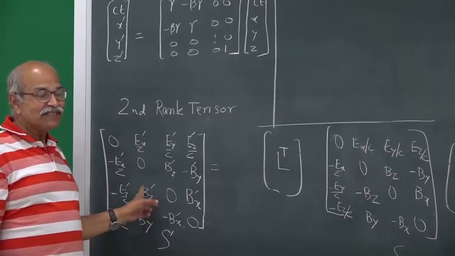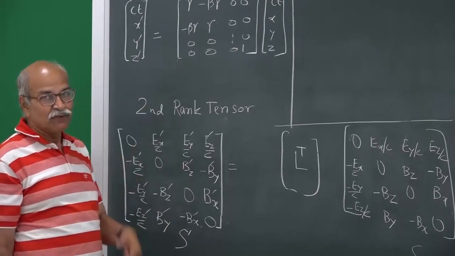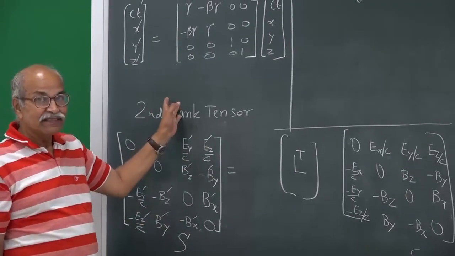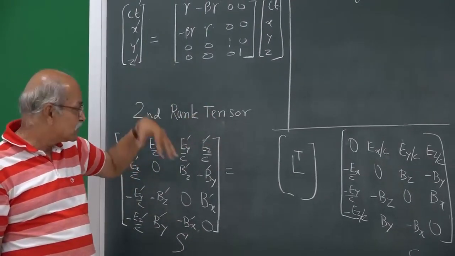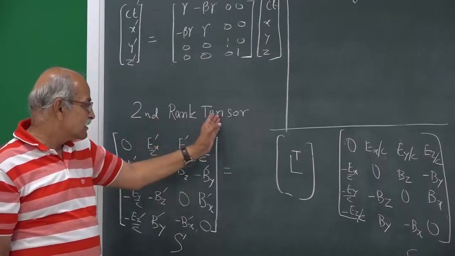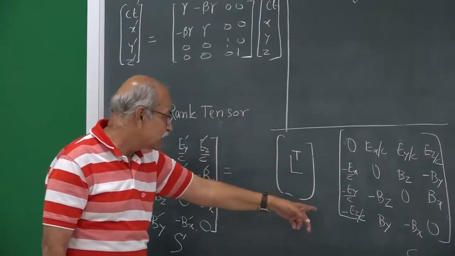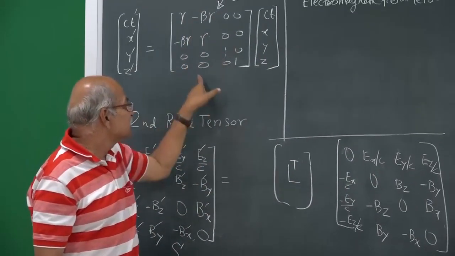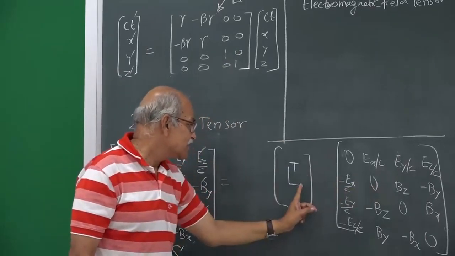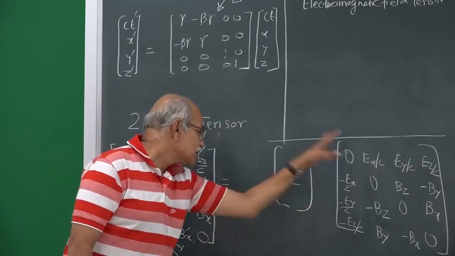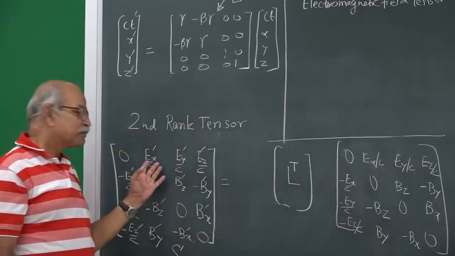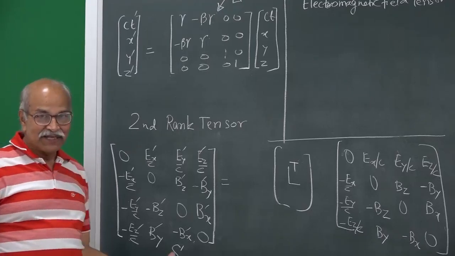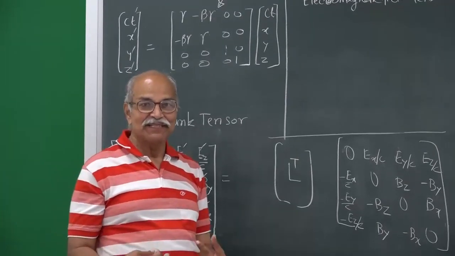And therefore, this electromagnetic field, one entity, is a second rank tensor, and transforms according to the laws of the second rank tensor. The Lorentz transformation is involved. It is the same matrix, gamma, minus beta gamma, 0, 0, which you write here, and from that matrix multiplication you get the primed components in the S prime frame. So, that is about this electromagnetic field.